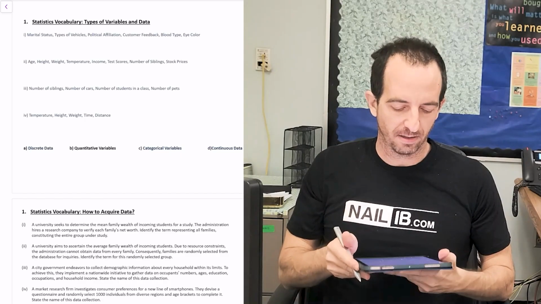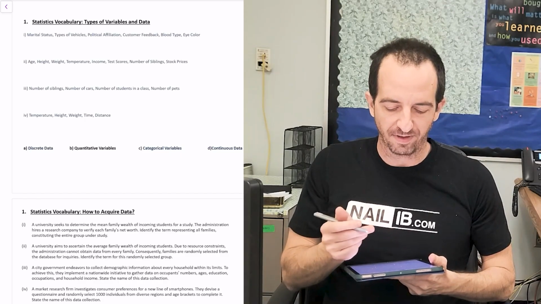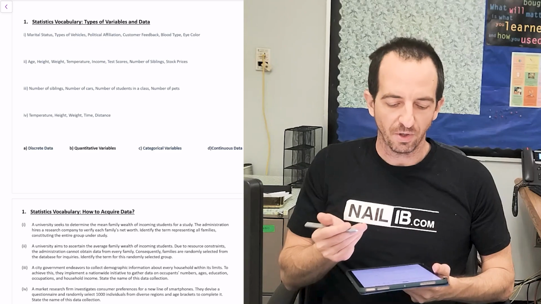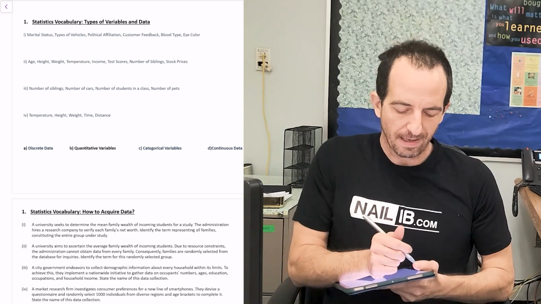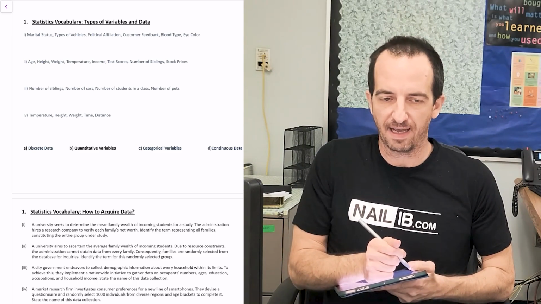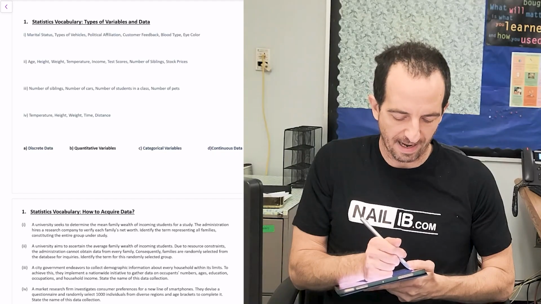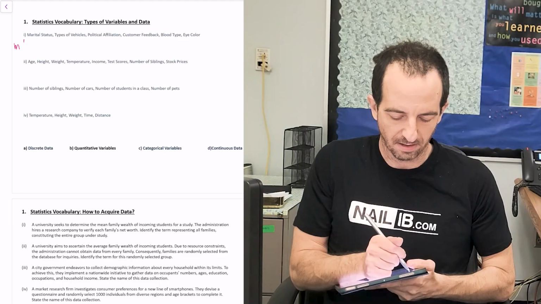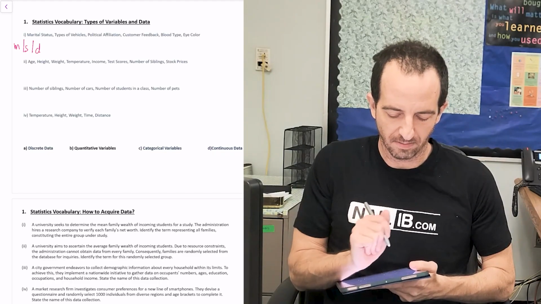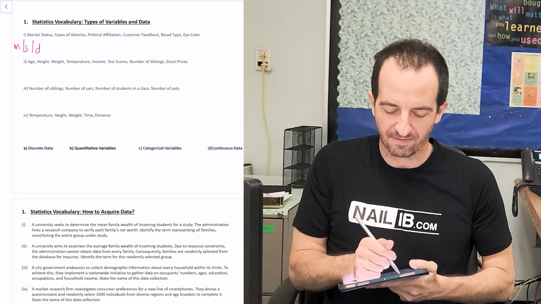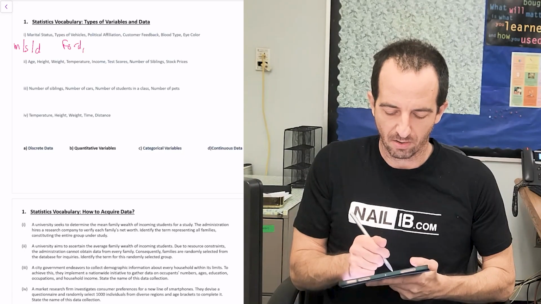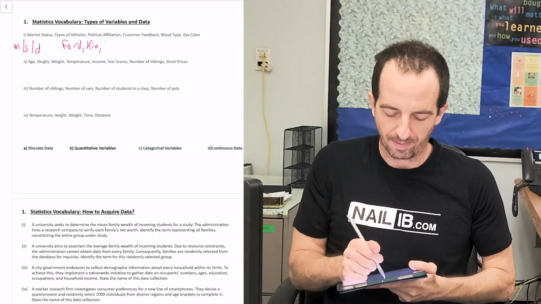So if we look at number 1, marital status or types of vehicles or eye color, which type of variable is that? Well, marital status, what are some values that we could have? We might have married versus single, or maybe divorced. For types of vehicles, we might have a Ford, or a Kia, or maybe a Jeep.